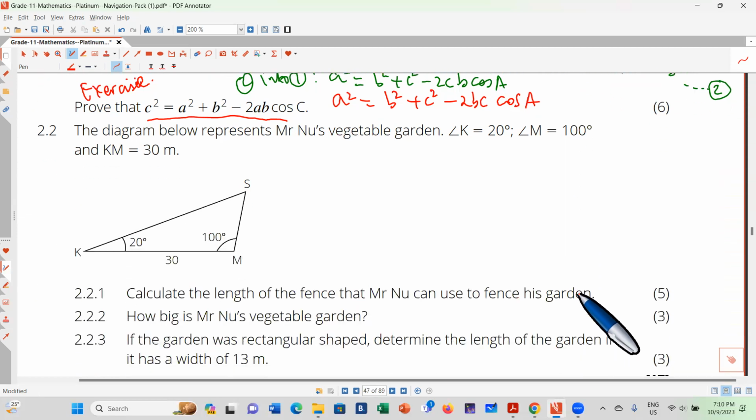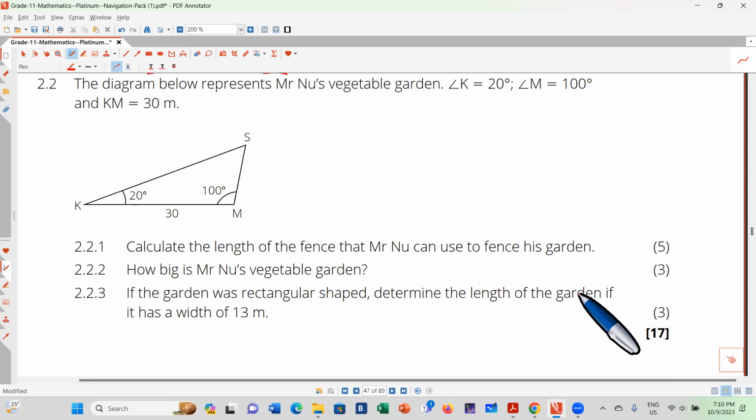The next question is about a garden. It's about Mr. New's vegetable garden. Mr. New's vegetable garden has angle K is 20 degrees, angle M is 100 degrees, and KM is 30 meters.